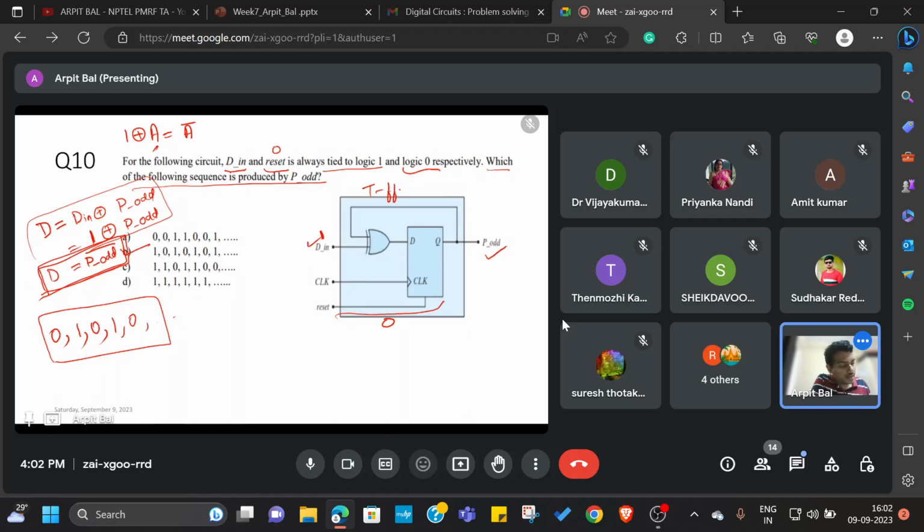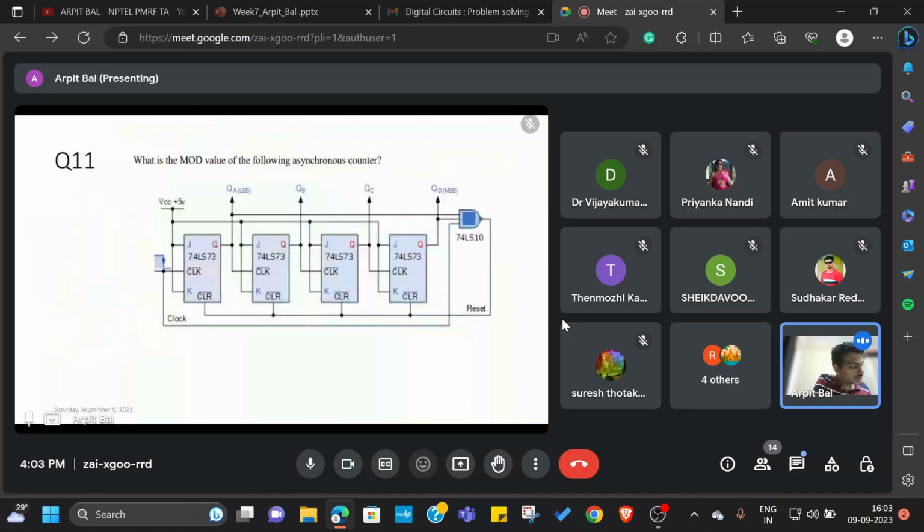Please remember this point: if you are doing an XOR operation and one of the inputs is 1, then the output is going to be the complement of the second input. If it is 0, then the output is going to be the same as the second input. Okay, so let us move to the next question.